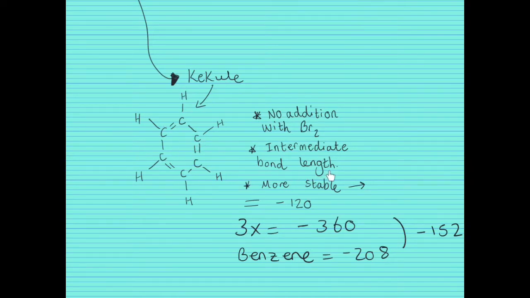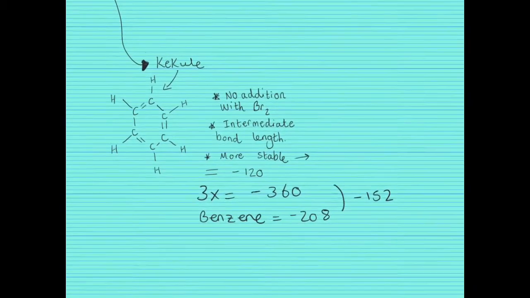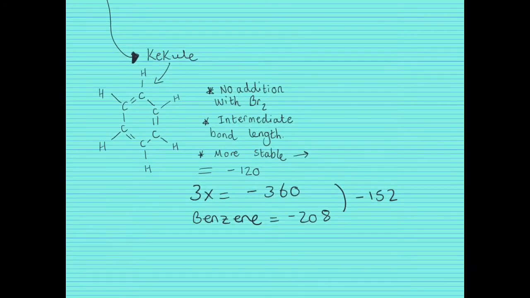Another one was that we looked at its bond length, and its bond length should show that you've got one single bond, one double bond. However, all the bond lengths come out the same size, and it's kind of like an intermediate between a single and a double bond. It's also more stable when looking at undergoing reactions, bond enthalpy, breaking the bonds. What should have happened is that the double bond should have released 120 joules, so that means that it should have released 160 joules of energy when you were breaking all these bonds here.